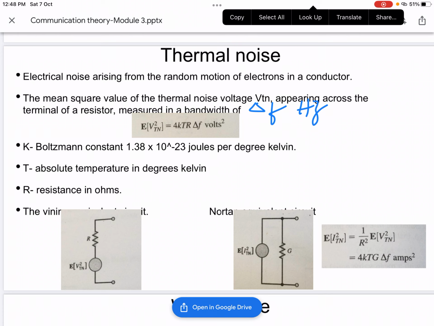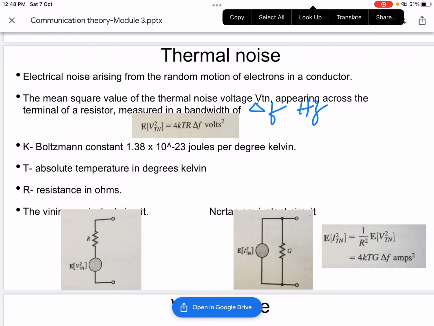So the mean square value of the noise current generator is given by the equation on the screen: E of I_Tn squared is equal to 1 over R squared into E of V_Tn squared, which is equal to 4kTG delta F amp squared. So what is G? G is 1 over R, that is the conductance.